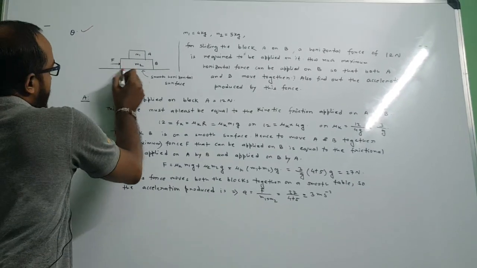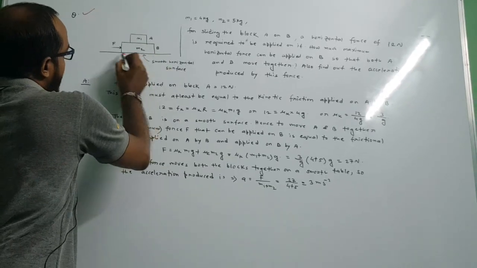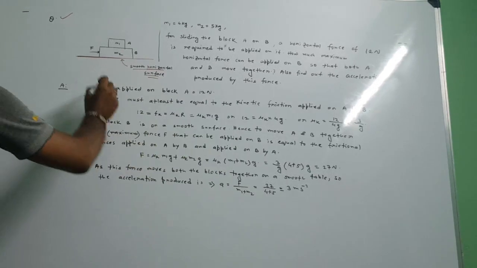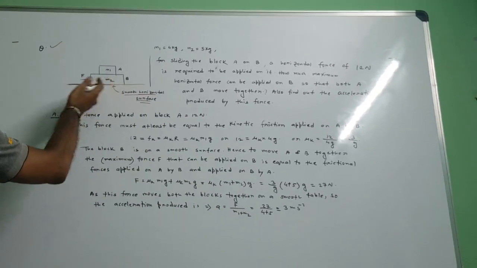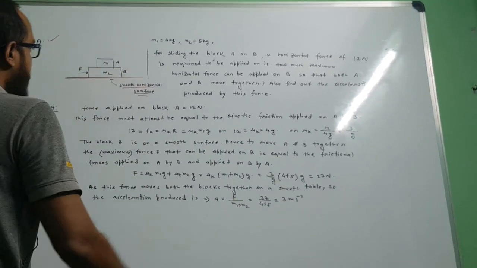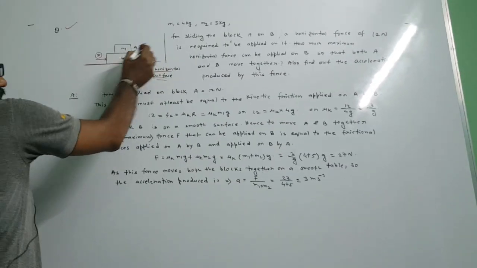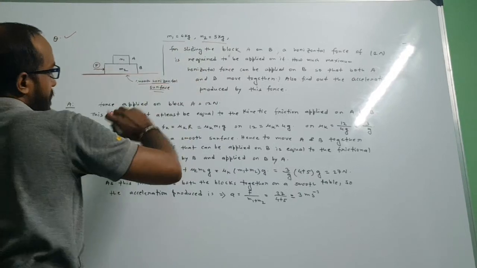We have two blocks attached to one another, and the surface is given as a smooth surface. That means no frictional force is applied on the bottom surface, and we have applied the force F on block B. The masses m1 and m2 are given.